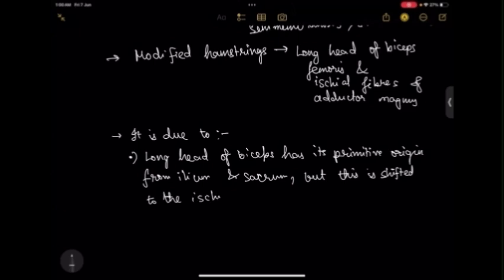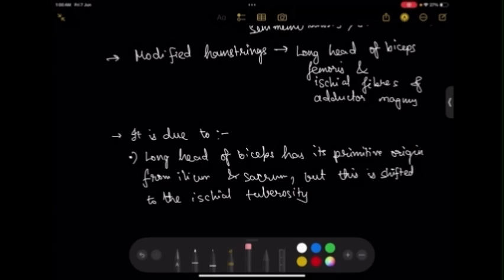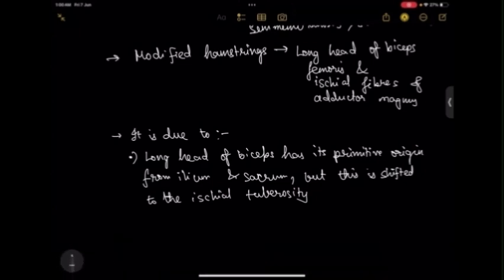Originally the origin should be from the ischial tuberosity, but here you can see that its primitive origin was in the sacrum and ilium, and now it has shifted to the ischial tuberosity, making it a hamstring, leaving behind the sacrotuberous ligament.